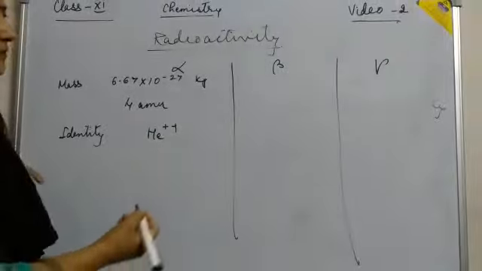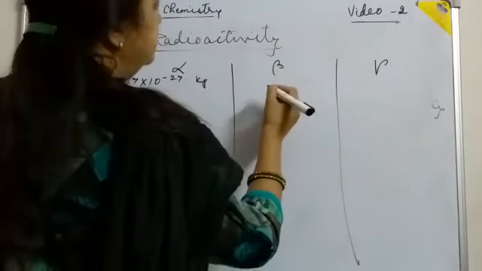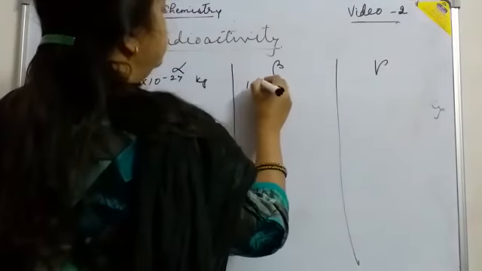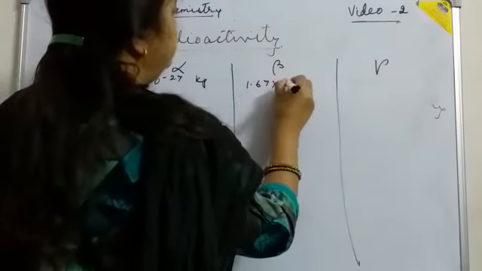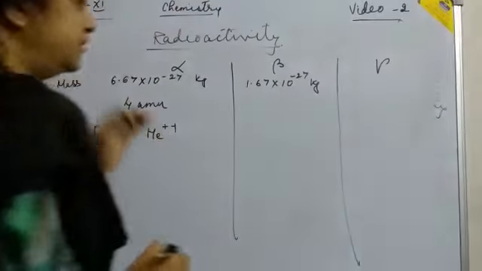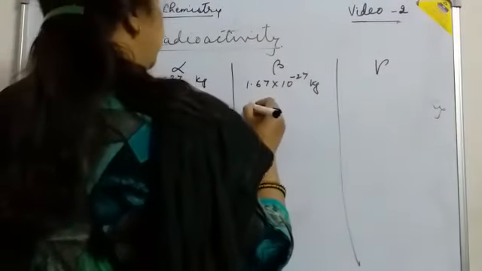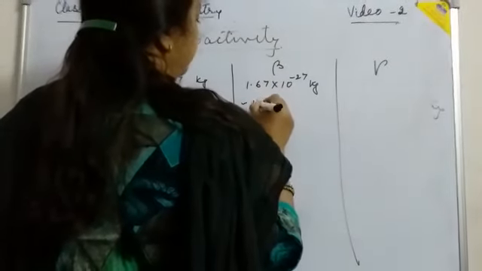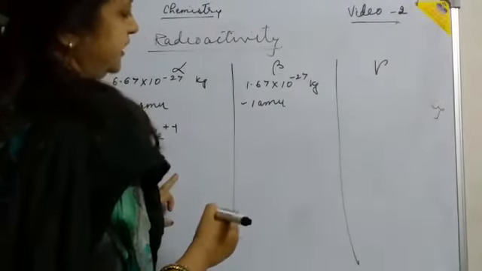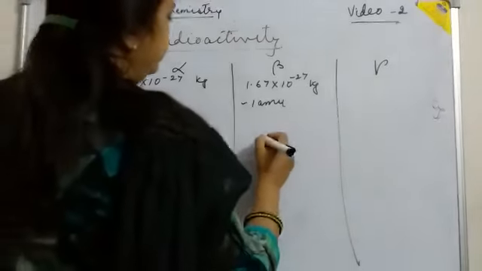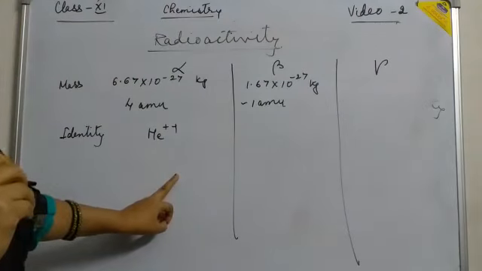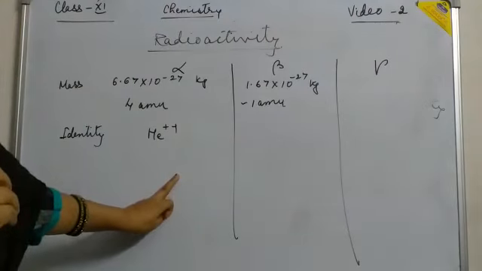Beta ray. The mass of the beta is 1.67 into 10 to the power of minus 27 kg or minus 24 gram. That means it is about 1 AMU. And its identity is like electron.